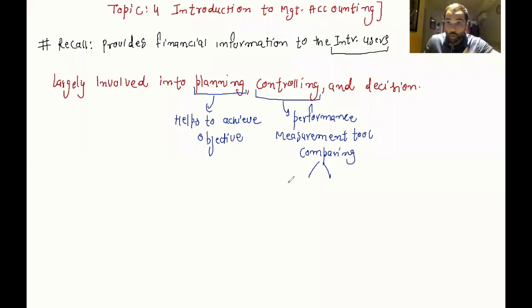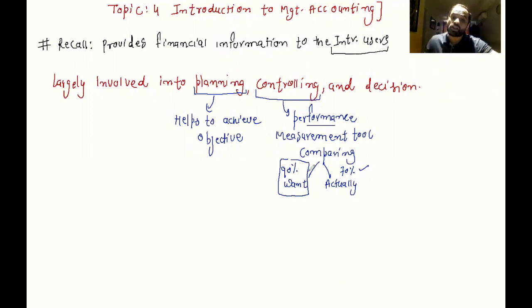One is your goal, your objective, something you want to achieve, and something you actually achieve. Let's say you want to achieve 90% marks in this accounting course, and actually you achieve, let's say, 70%. So it means your performance is not as good as you expected because you put in efforts to achieve 90% marks, but your results say that you achieved 70%. So it means you did not achieve your objective, which was 90%.